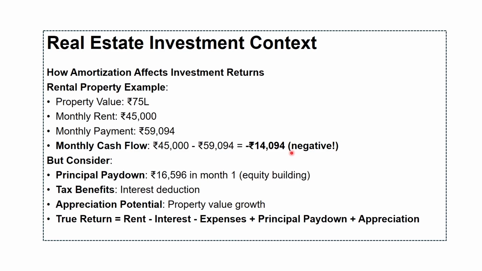However, include month 1 principal paydown of 16,596, tax deduction on interest of 42,498 in month 1, and potential 5% annual appreciation, 3.75 lakh yearly. So true return combines rent minus interest minus expenses plus principal paydown and appreciation, offering positive wealth building despite negative cash flow.